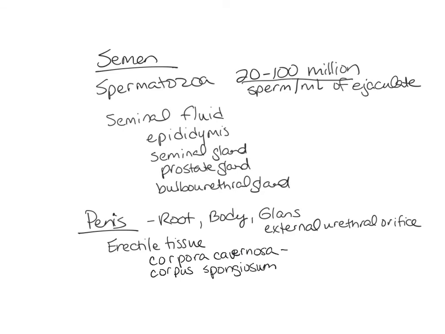The corpora cavernosa is on the anterior aspect of the flaccid penis, when the penis is not erect. And the corpus spongiosum surrounds the urethra. So the urethra in this part of the penis is called the spongy urethra.